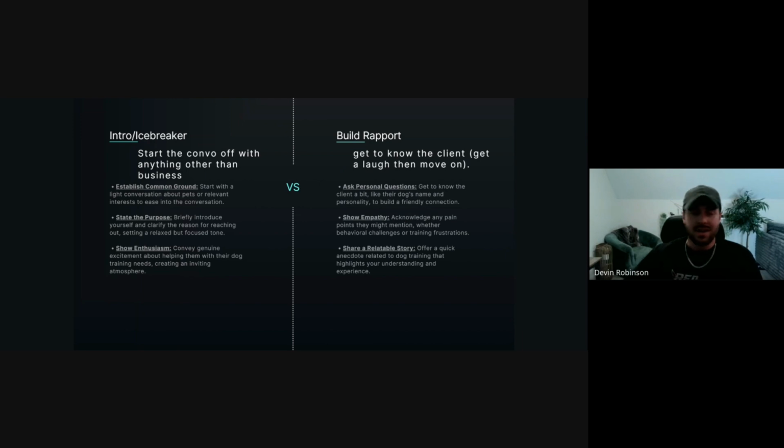When they first got the dog, what did they envision? Those are really good questions to ask to get them talking and to get to understand them as a person, right? They're a client when they walk through the door, but our goal is to understand them as a person. The more we can do that, the better our chances are of connecting with them and selling them.